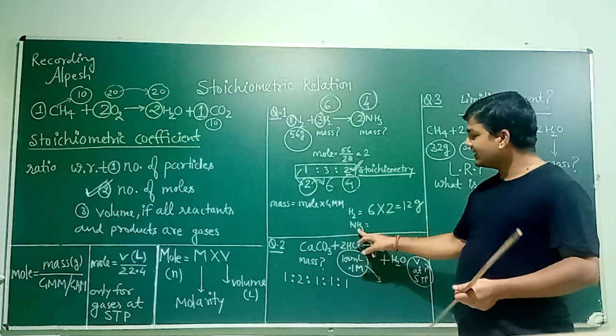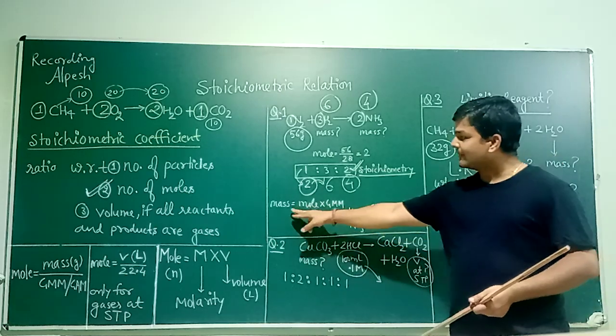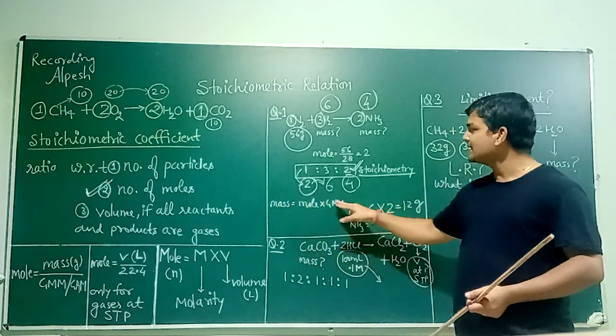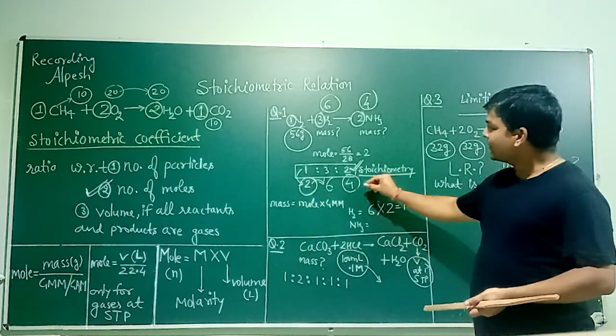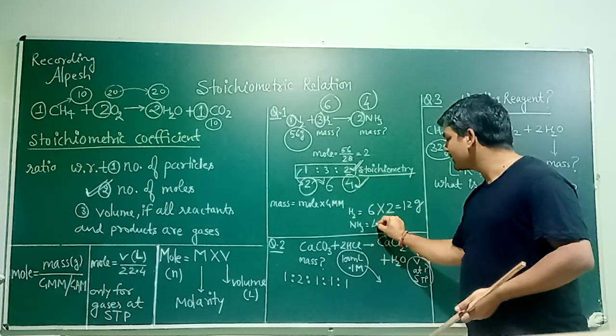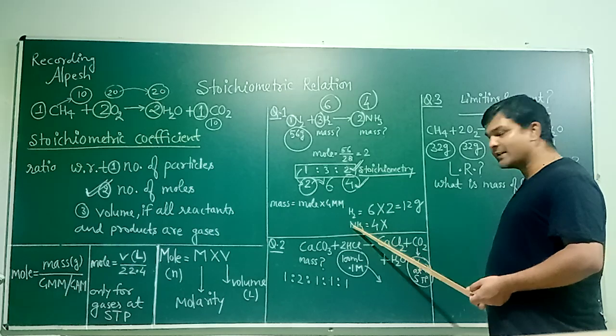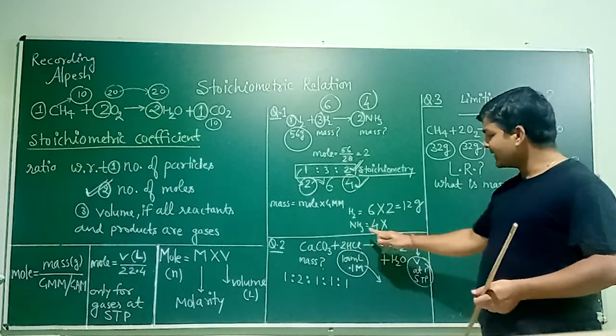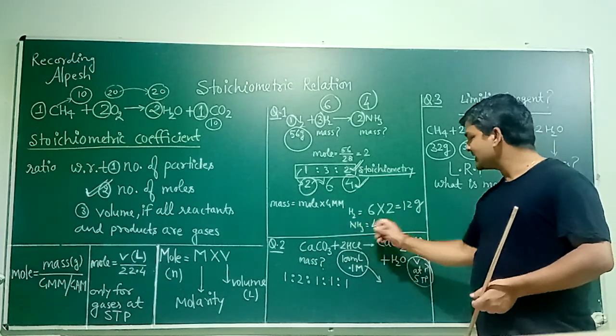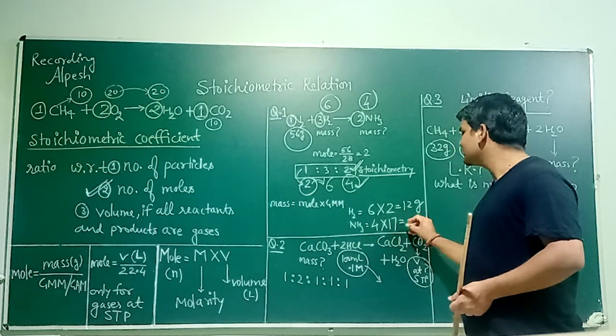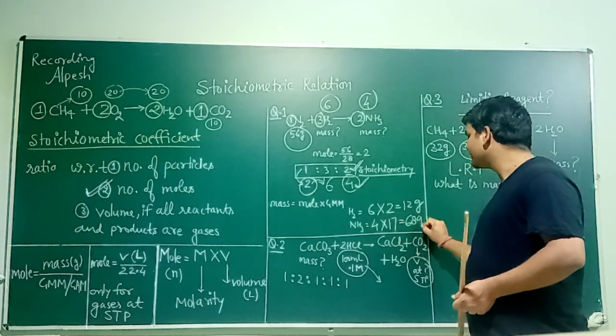Now calculate similarly the mass of ammonia. Same formula, mass equals moles into gram molecular mass. Moles we calculated is 4, and the gram molecular mass of ammonia you can calculate: for nitrogen it is 14, 1 for each hydrogen, so it is 17. 4 into 17 gives 68 gram.